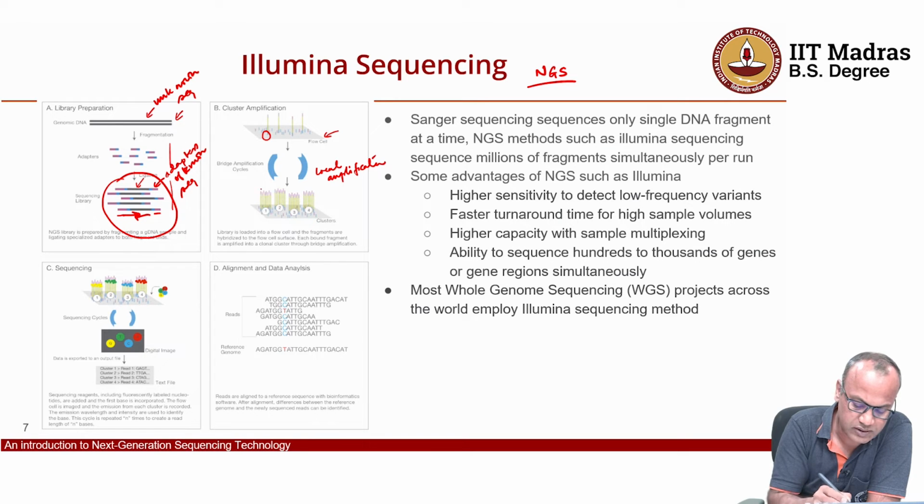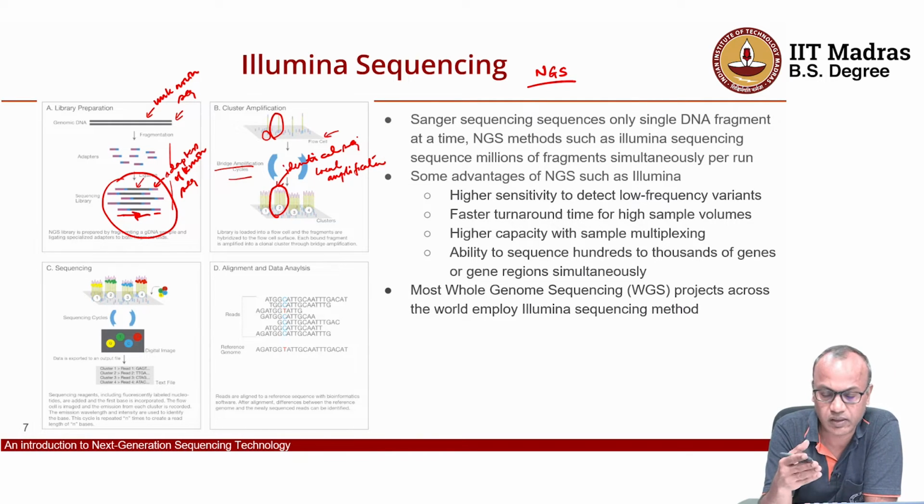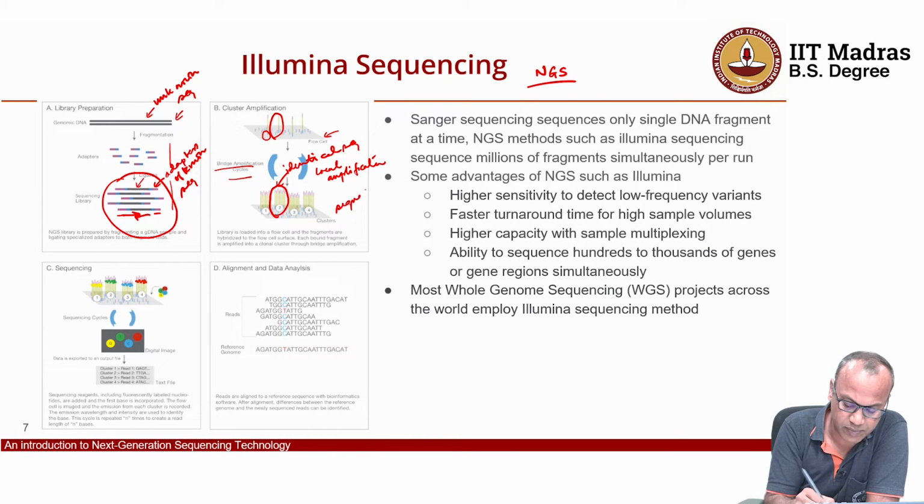So the first step is to do bridge amplification, so that instead of one fragment in one particular site, there is a local amplification and all of these are identical sequences. So when we are reading this signal, the signal is amplified. Essentially this is a signal amplification step.